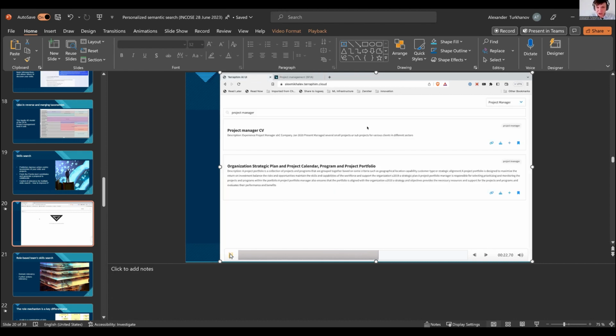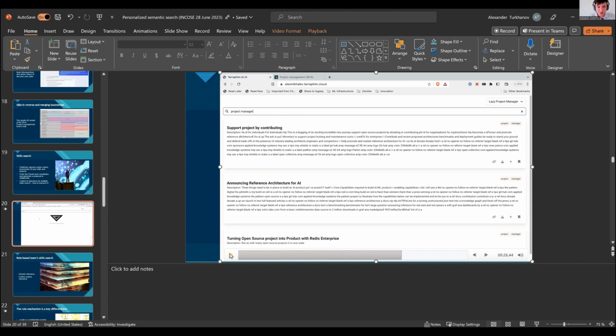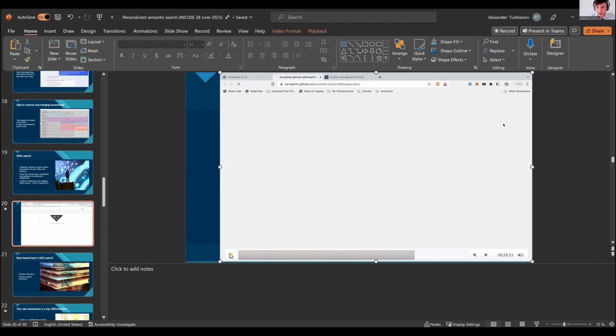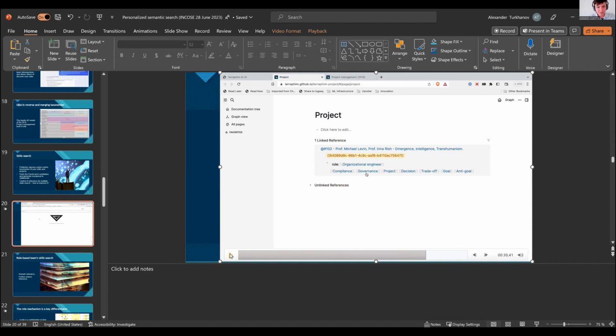You can change it actually. For example, a lazy project manager is a specific role that finds either project or manager entries, and you see project and manager, and you can additionally put your notes there, in this other node of the knowledge graph, and it will change the relevance, things like that.